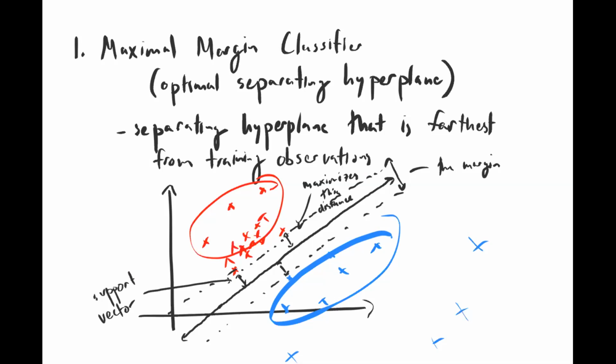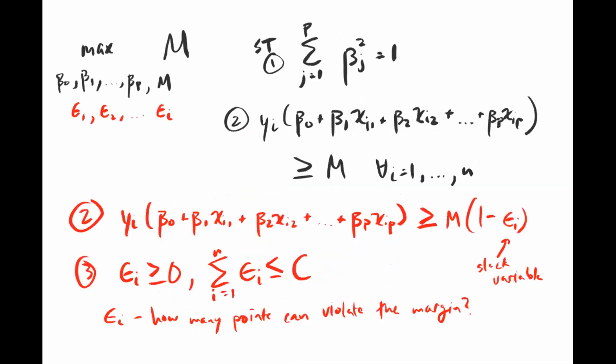But in the support vector classifier, by having this slack variable, you're essentially saying it's okay not only for points to be within the margin, but you can have points on the other side of the separating hyperplane. There's some slack essentially that's allowed to happen there.